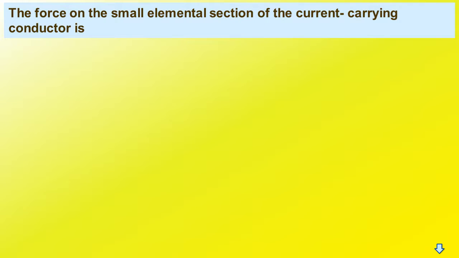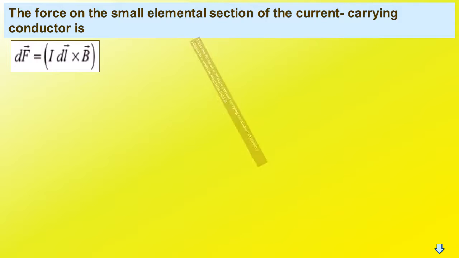Now we are going to find the force on the small elemental section of the current carrying conductor, and it may be dF vector is equal to Idl cross B. Already we saw the value of Idl and we substitute that here in magnitude.